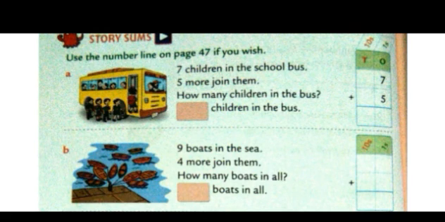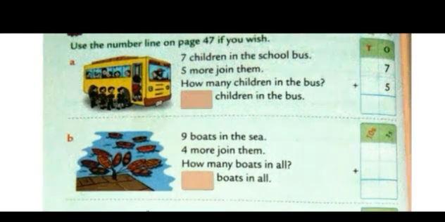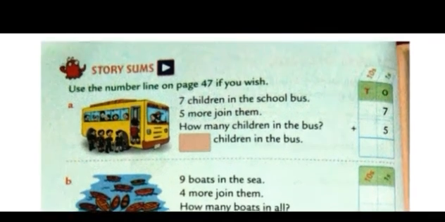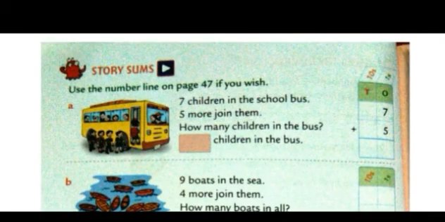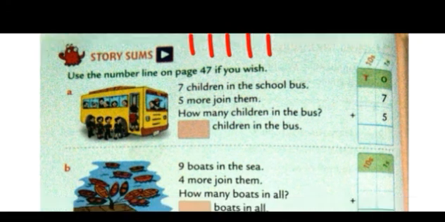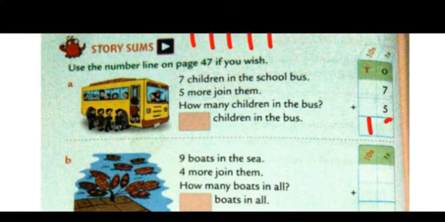So starting from 7, because 7 is the bigger number, you can move forward 5. Start after 7: 8, 9, 10, 11, 12. So the answer comes 12. 12 children in the bus. You can write the answer here in this box.